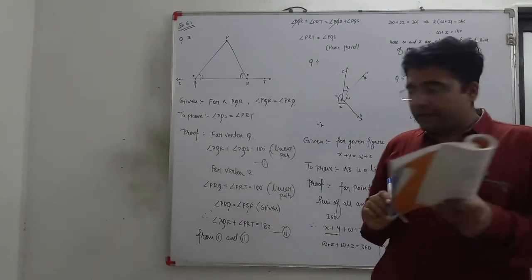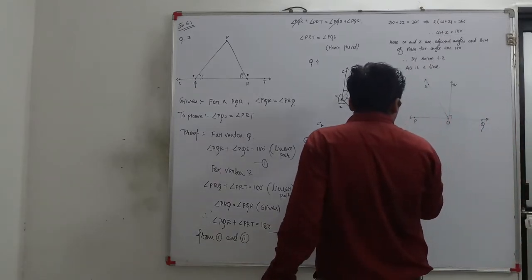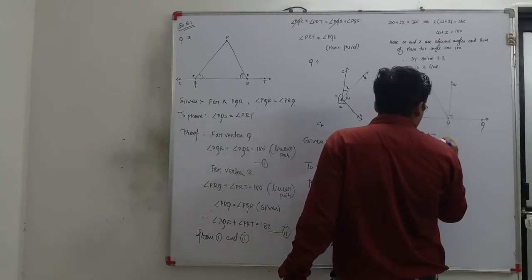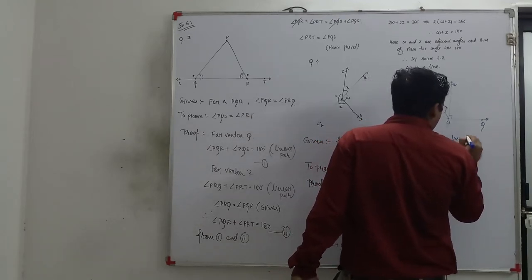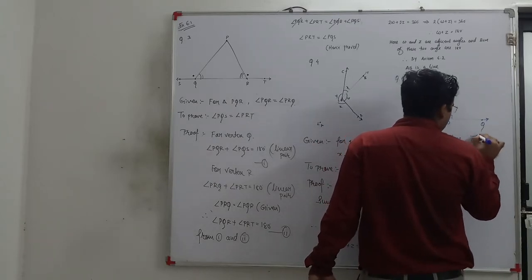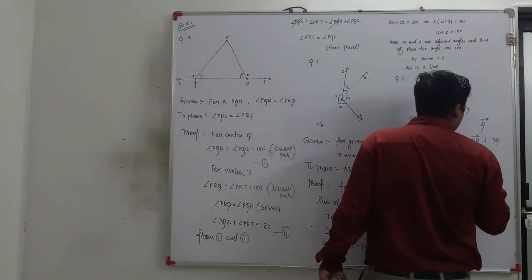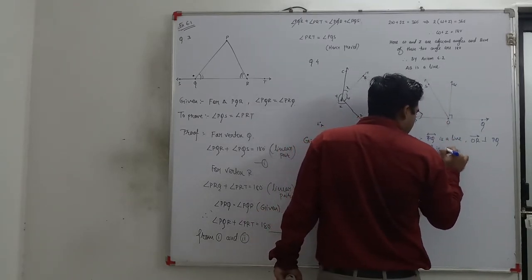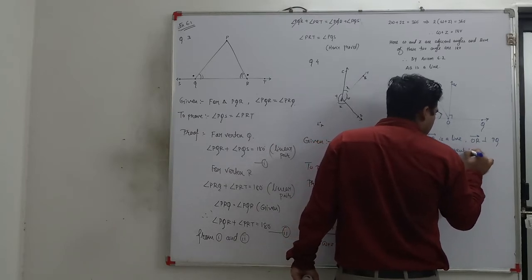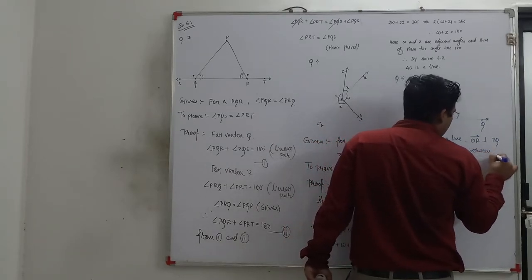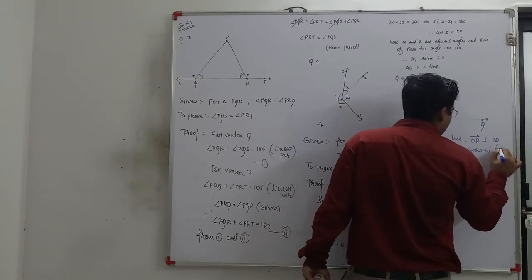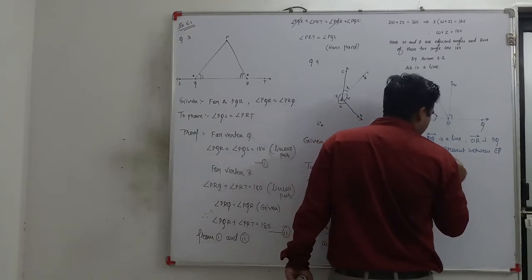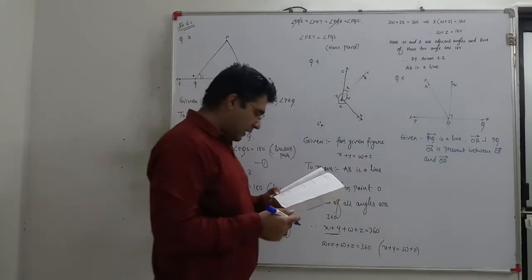Prove that the angle... Okay, so what is the given? It is given that PQ is a line and OR is perpendicular to PQ, and OS is present between OP and OR.